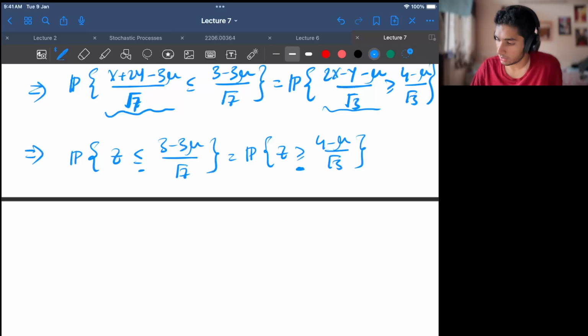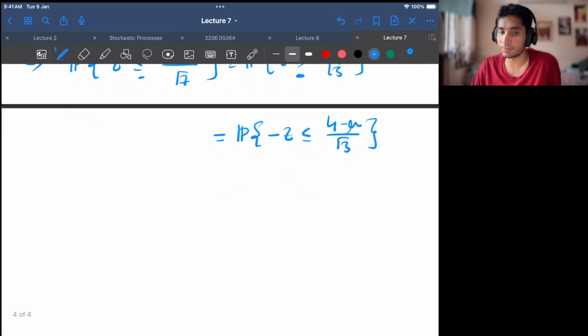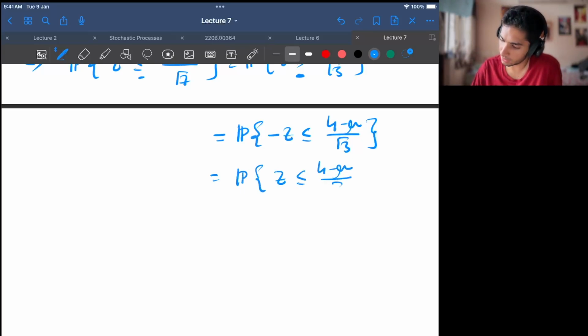If you want to convert this to less than equal to, just multiply both sides by minus 1. So this thing is equal to probability of minus z less than equal to 4 minus mu by root 3. Now, because of the symmetric nature of the Gaussian random variable, the negative sign won't impact anything.